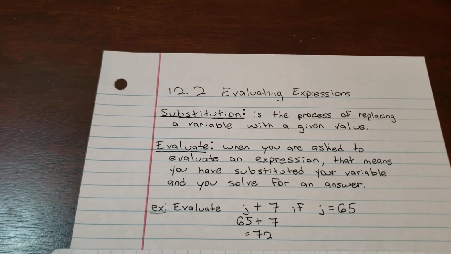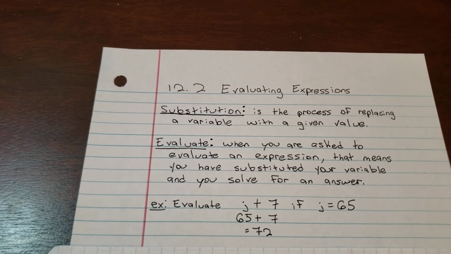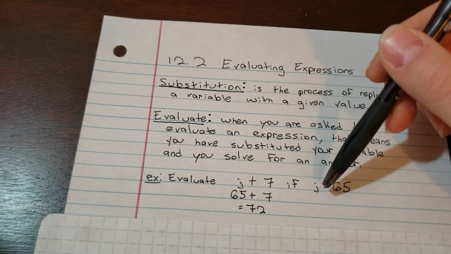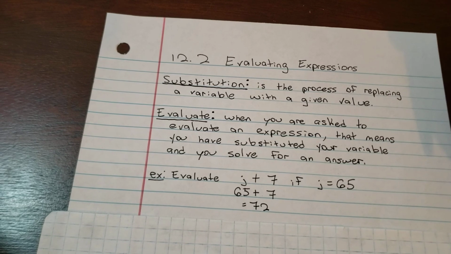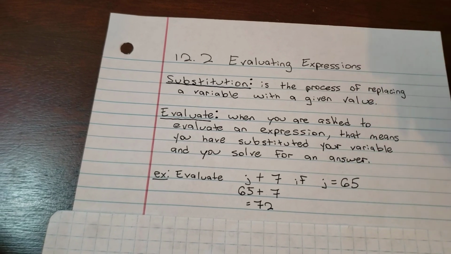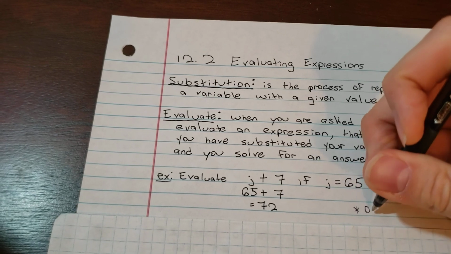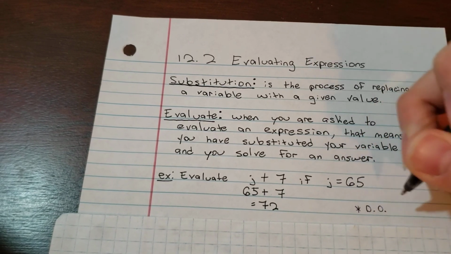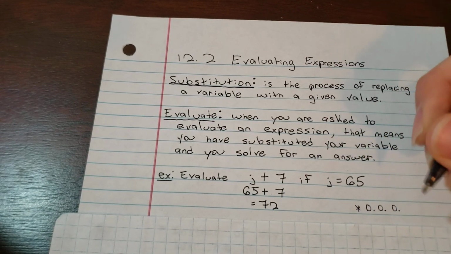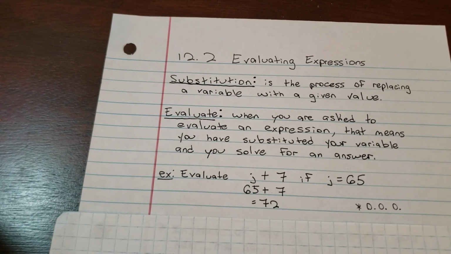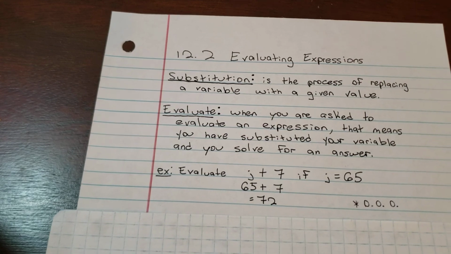So we have evaluated the expression by substituting and solving. Pretty straightforward. With this kind of stuff, this includes our order of operations. So sometimes we'll have to multiply first and then subtract. Just keep an eye out for it.